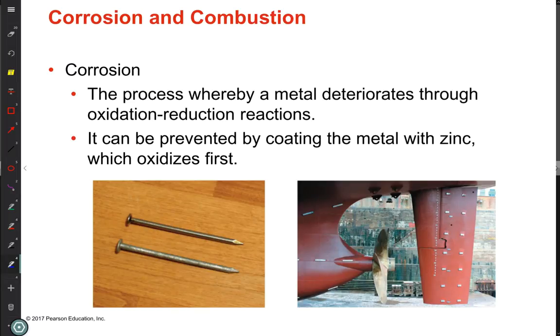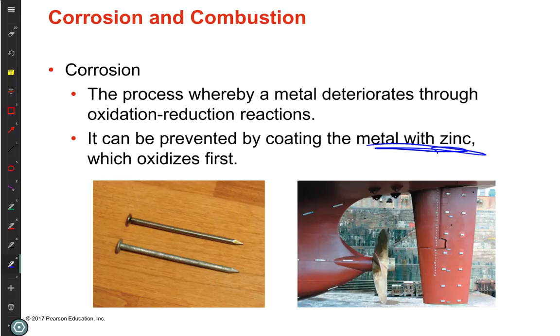Yep. They coat metals with zinc, like most of your nails are zinc coated, because the zinc will be oxidized instead of letting the iron be oxidized. And so instead of rusting the iron, you have the zinc that gets oxidized and looks nasty but doesn't rust.